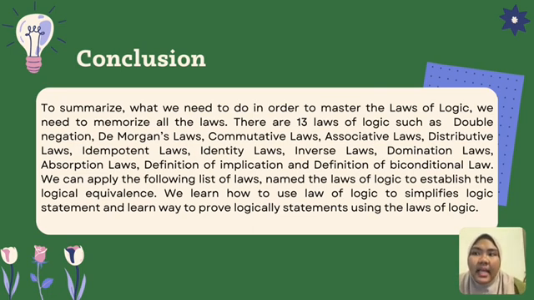We can apply the following list of laws of logic to establish the logical equivalence. And we also learn how to use the laws of logic to simplify logic statements and learn ways to prove logical statements using the laws of logic.